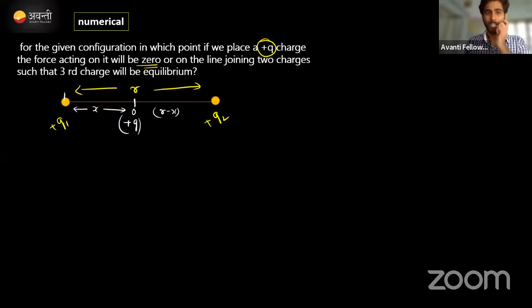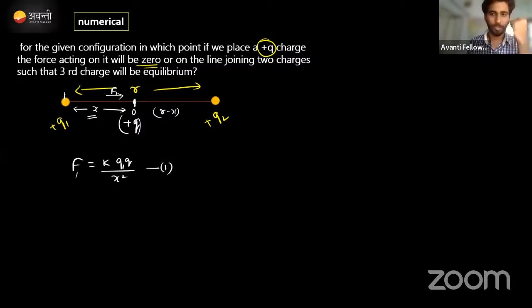Clear? Now at this point there is a plus Q charge, and Q1 applies a force on it in this direction. We need to write the force equation: K Q1 Q divided by the separation distance X square. I'm writing in general format. Call this equation number 1, force F1.